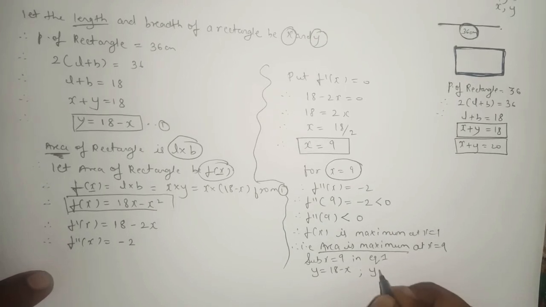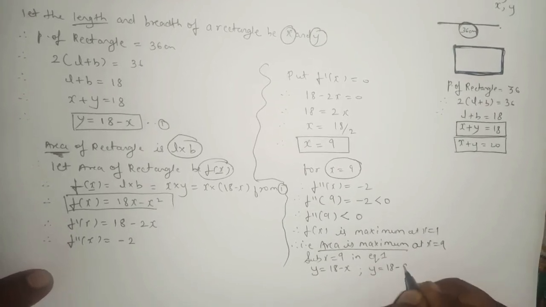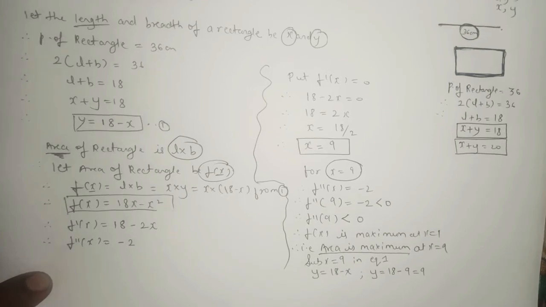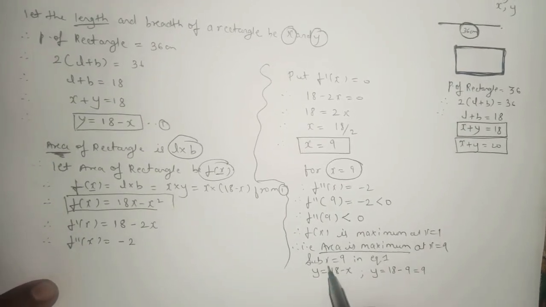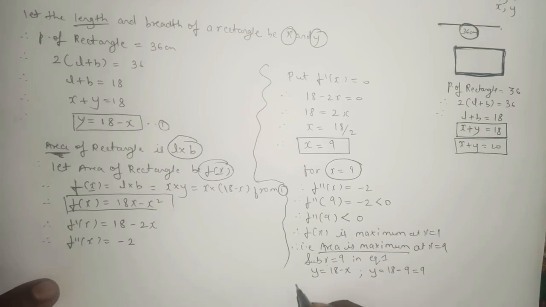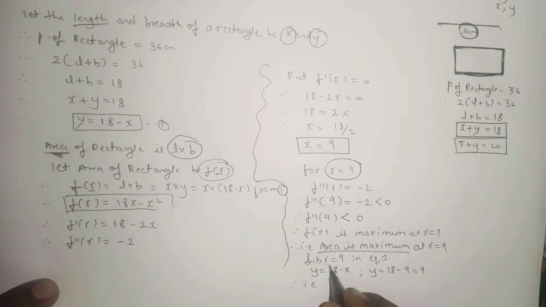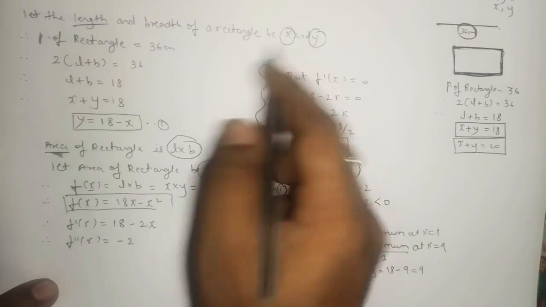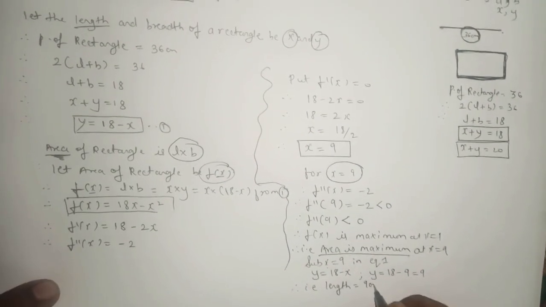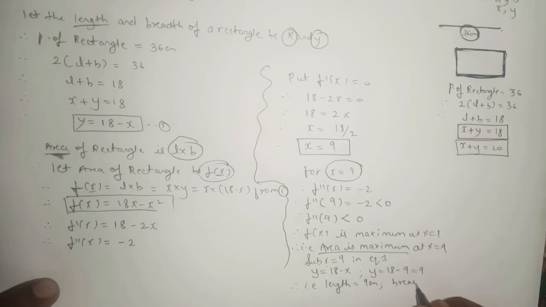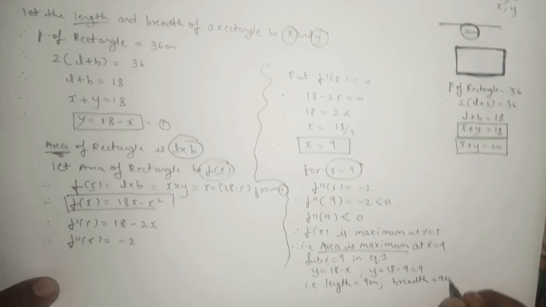Okay, so y equals to 18 minus 9, so the answer here we got is 9 only. So the answer of x is 9 and y is also 9. So for this sum we took x for length, so here we will write length is 9 centimeter and the breadth is also 9 centimeter.